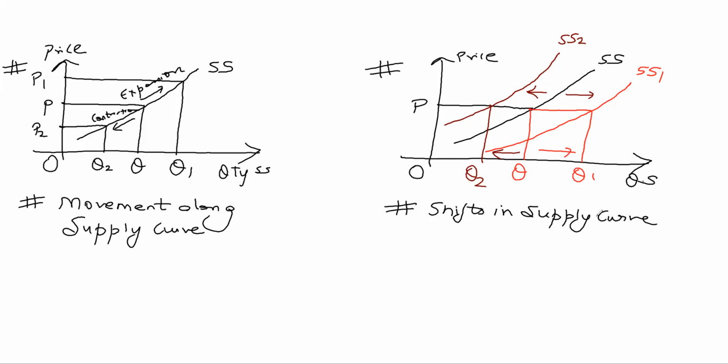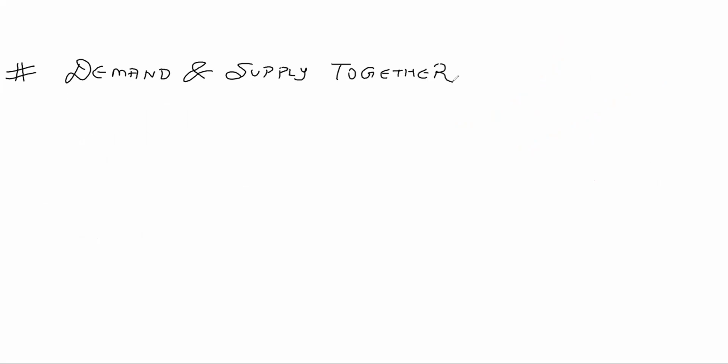Okay, now guys, what we can do, we can combine demand and supply together, and let's look at the equilibrium in the market. So we have done demand, we have done supply. Let's make a diagram where we have both demand and supply, which will give us the market equilibrium.